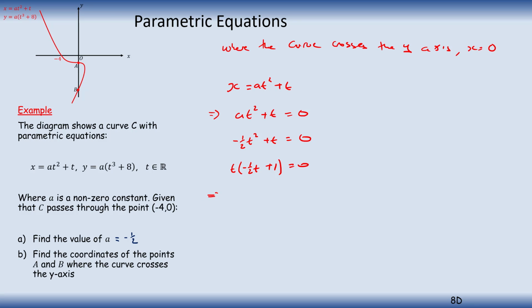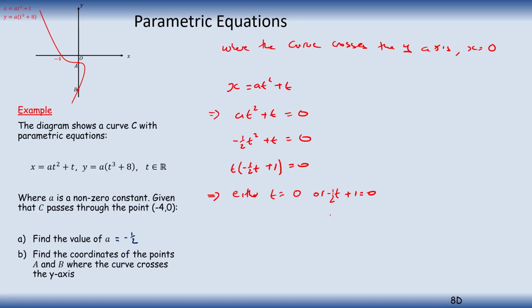So that implies I've got two values for t. Either t is equal to 0 or minus a half t plus 1 equals 0.